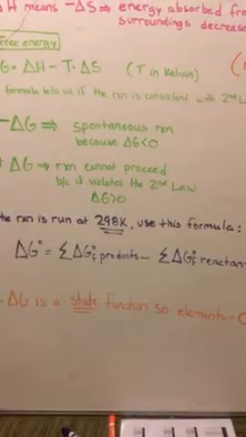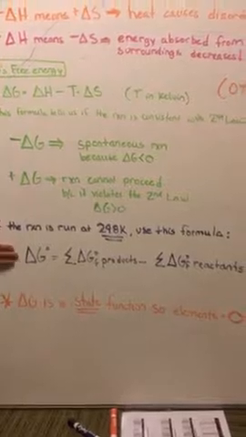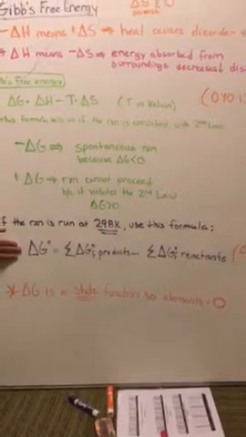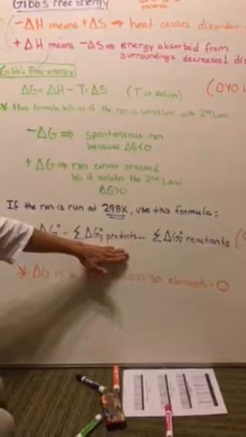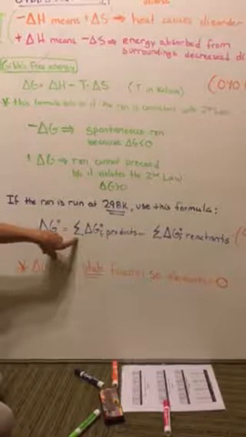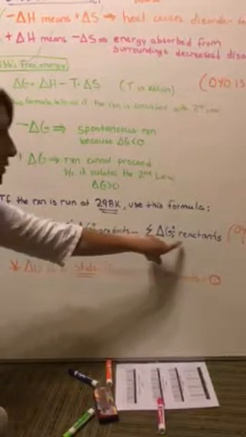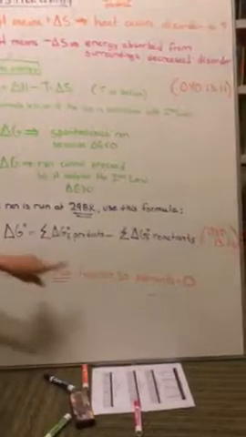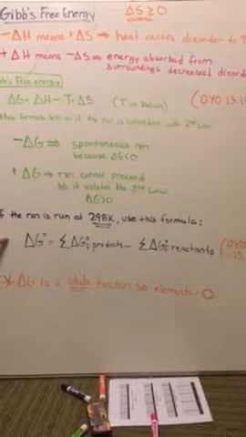So if they say a reaction is run at 298 Kelvin and they're asking you to predict spontaneity of the reaction, you would use this formula. And it's just the same. It's the products, and I look them up, I add them up and find the sum, that's what that means, on the table, and I subtract out the sum of the reactants. So again, I need to use table 13.4 for that one, okay?